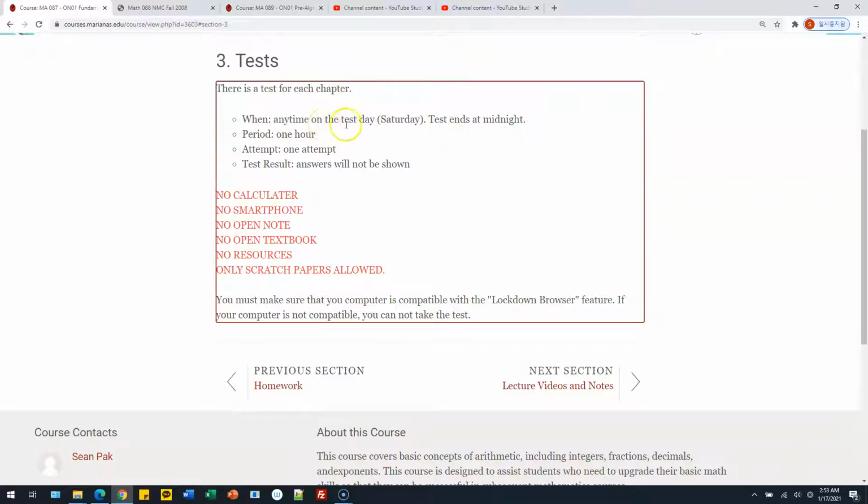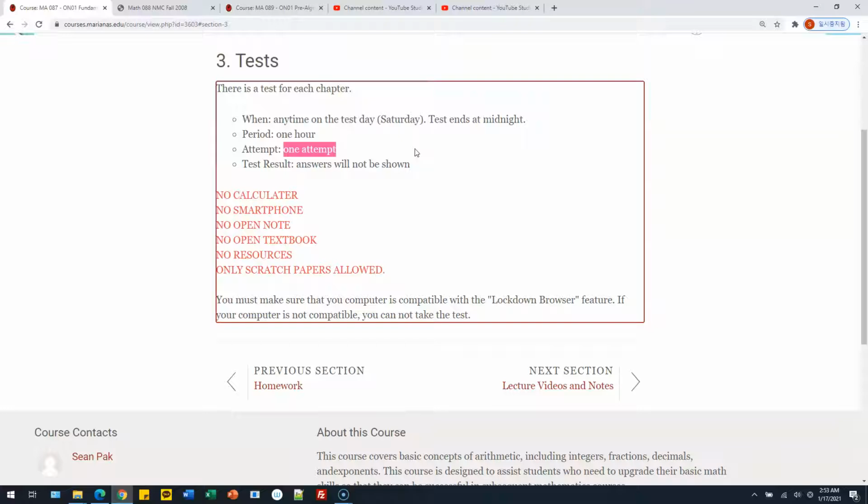Alright, so for you, take the test anytime on Saturday, then the test period is 1 hour, only 1 hour. So if you start the test, the test will end 1 hour after you start the test. And how many attempts? Only one attempt is allowed. So once you complete the test, then that's it.